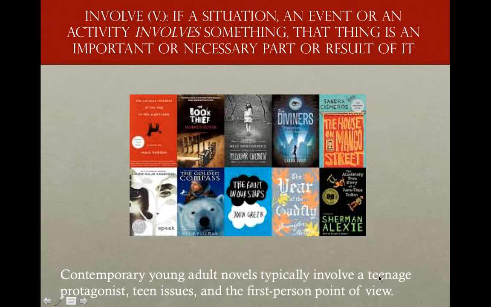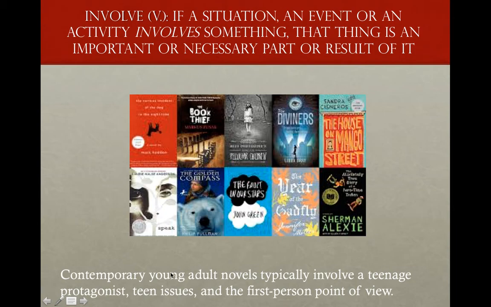In order to be a fiction novel, it has to have a protagonist, an issue or conflict, and a point of view. But these parts of a novel involve a young adult audience.